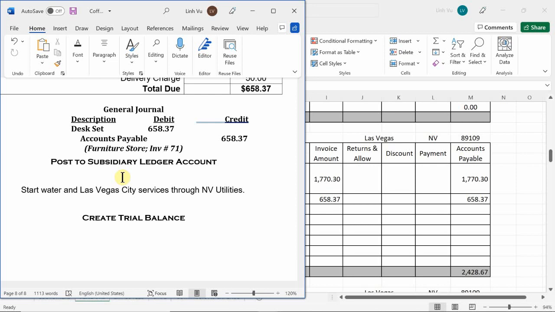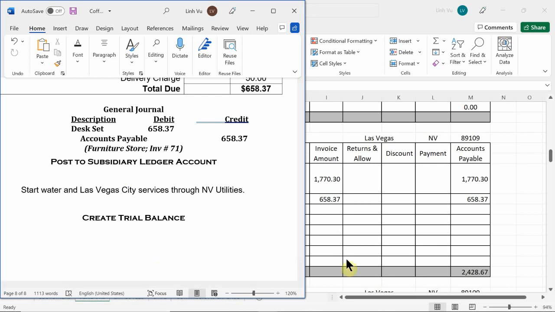And then now, the last thing it says here is to create a trial balance. So this is where you need to take your financial forms if you have Excel. If not, for Word, it's your trial balance for week 1.